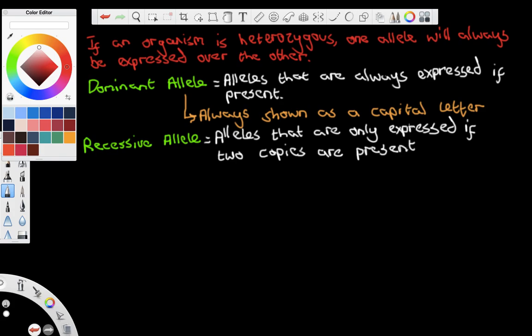Now, recessive alleles are always shown as two lowercase letters. So always shown as two lowercase letters.